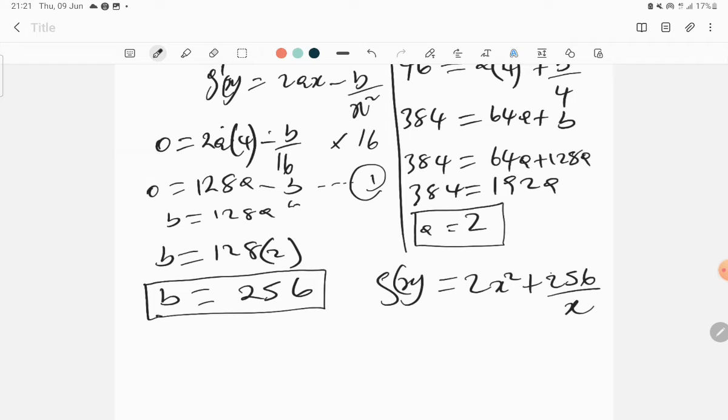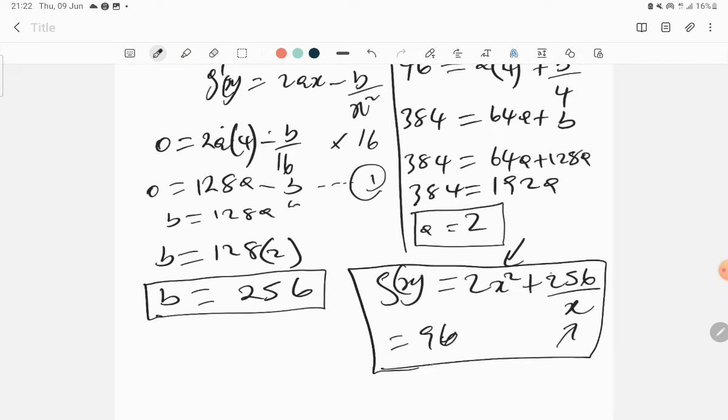So if we try to put 4 here and check if we're really going to get 96, then we have 2 times 4 squared, then plus 256 divided by 4. Yes, you get 96. This is equal to 96, which means our a and b are correct.